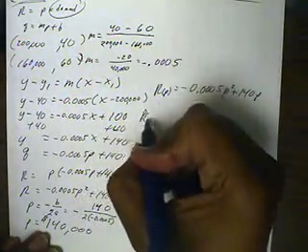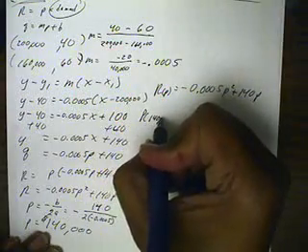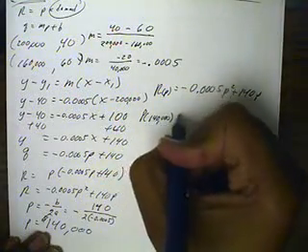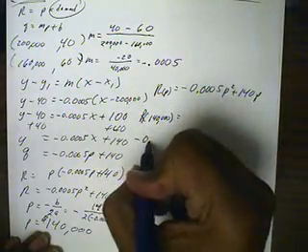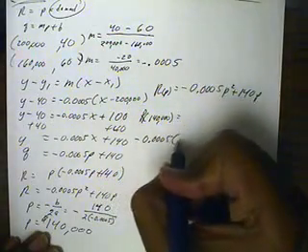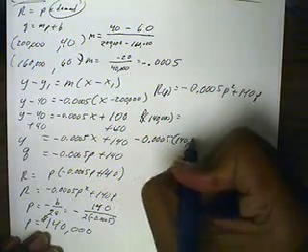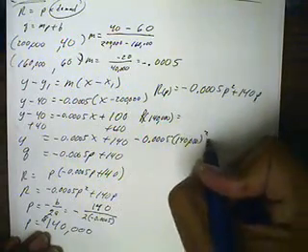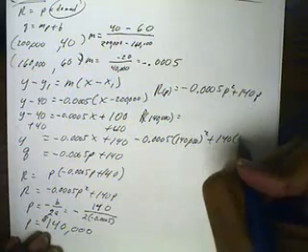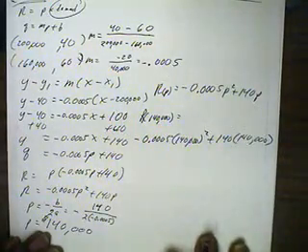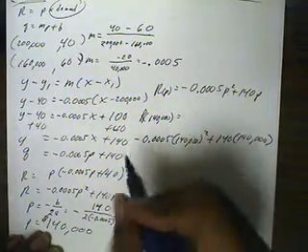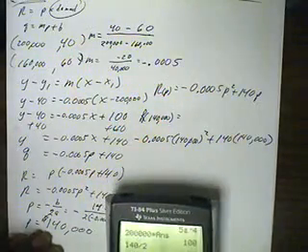Well, if I put in the $140,000 for p to my revenue function, I will get negative 0.0005 times 140,000 squared plus 140 times 140,000. Okay. All right. Now let's put all that in the calculator.